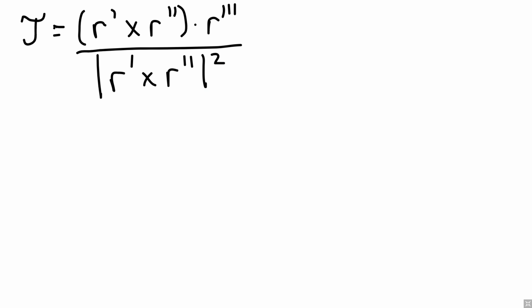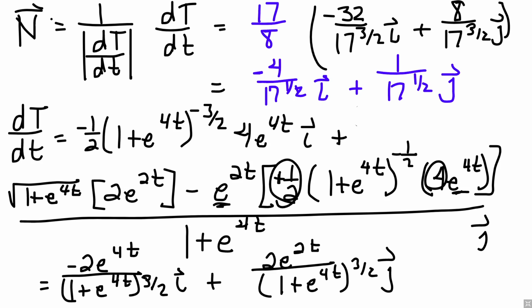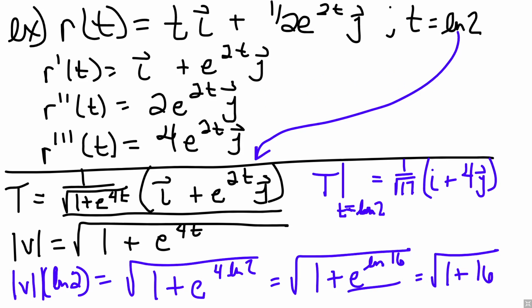First we're going to find r prime cross r double prime. We're in the IJK, and we did those derivatives at the beginning because I knew we needed them later.